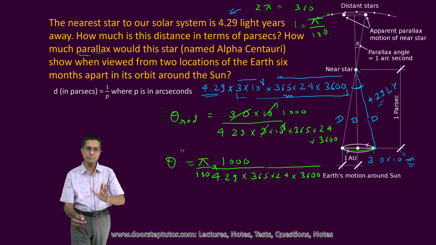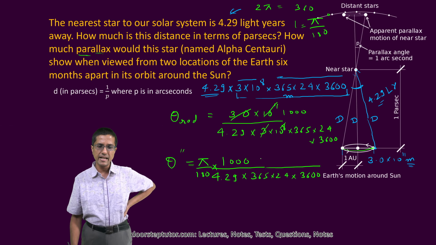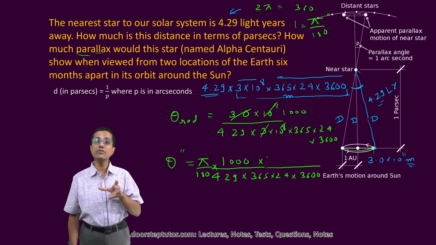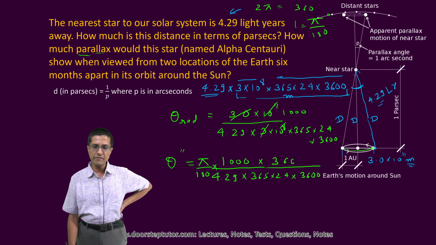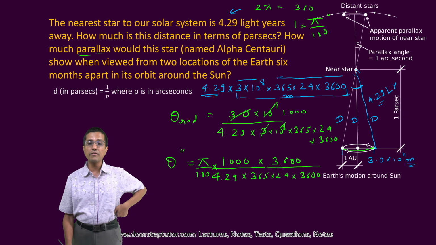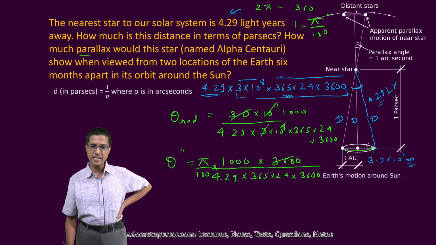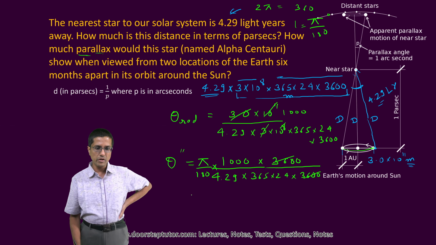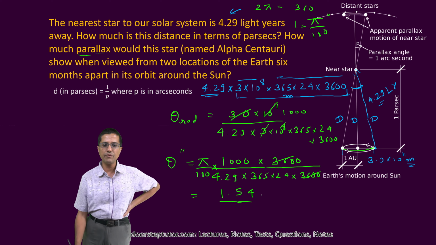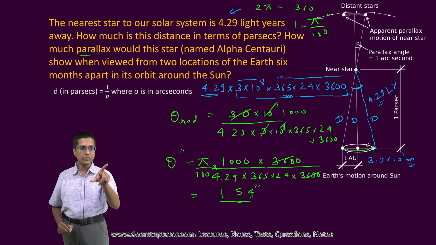So these many radians will multiply by pi by 180, and this comes in degrees. Of course, degrees is not good enough, so we also multiply it with 3600 to convert the degrees into arc seconds. So now this is our theta in arc seconds. Now if you simplify this one, this comes out to be 1.54. So our first answer is 1.54 arc seconds. So that is the parallax.